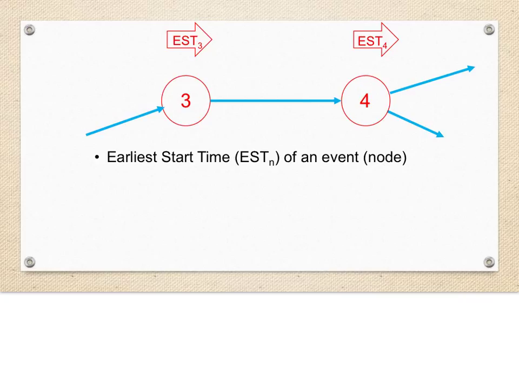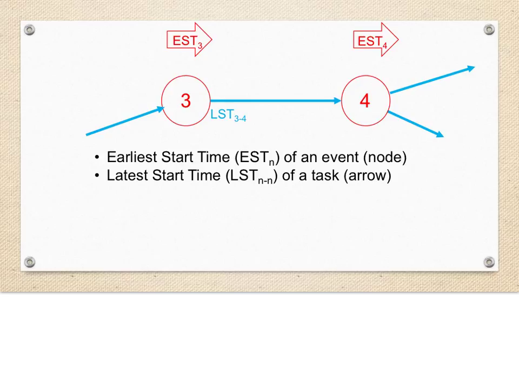The earliest start time, or EST, of either of these events is represented as an arrow pointing in the direction of forward time, placed directly over the corresponding event or node. The latest start time, or LST, of a task, in this case task 3-4, is shown below and towards the start of the arrow.